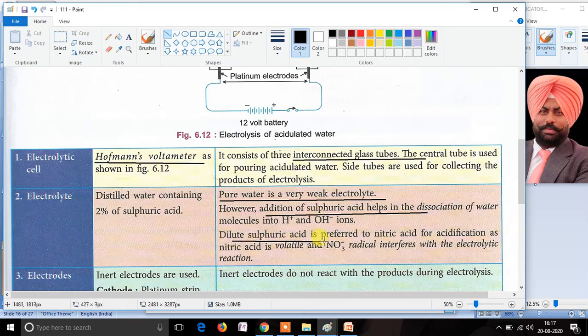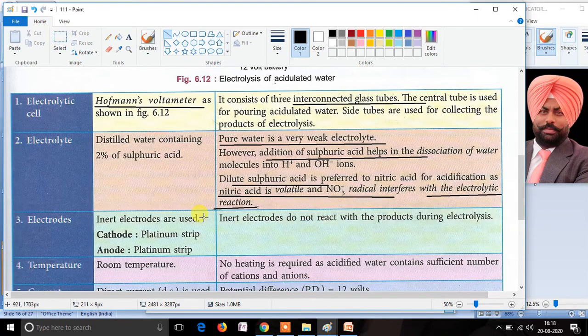We have to use sulfuric acid in the acidulated process. We don't use nitric acid for the acidulated process. The reason for that is that the nitrate radical interferes with the electrolytic reactions. That is why the suitable acid is sulfuric acid, and we add sulfuric acid to water to make it a conducting electrolyte.